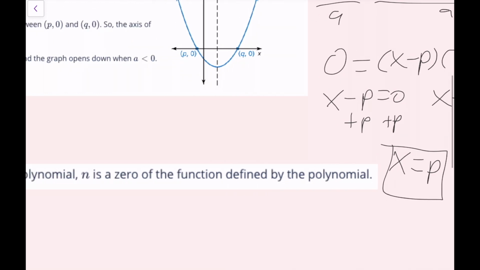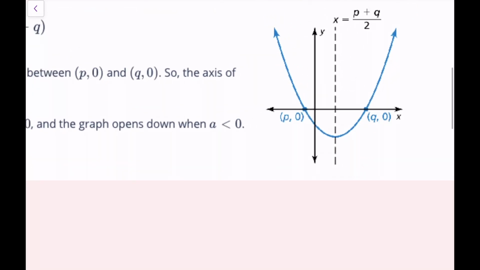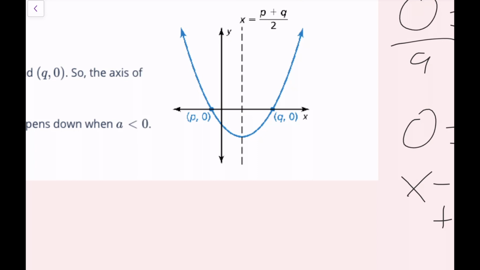So we'll go back over here now. And since they have the same y value, we can easily figure out where the vertex x value is by finding the midpoint between these two x values.